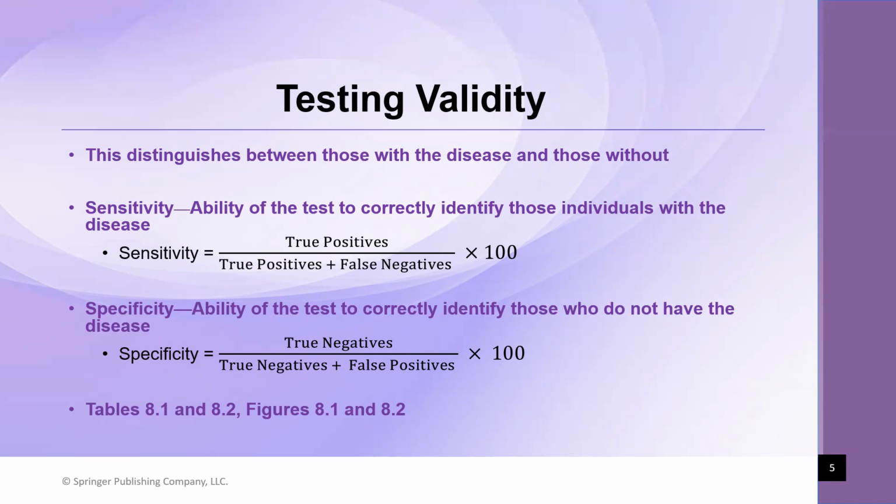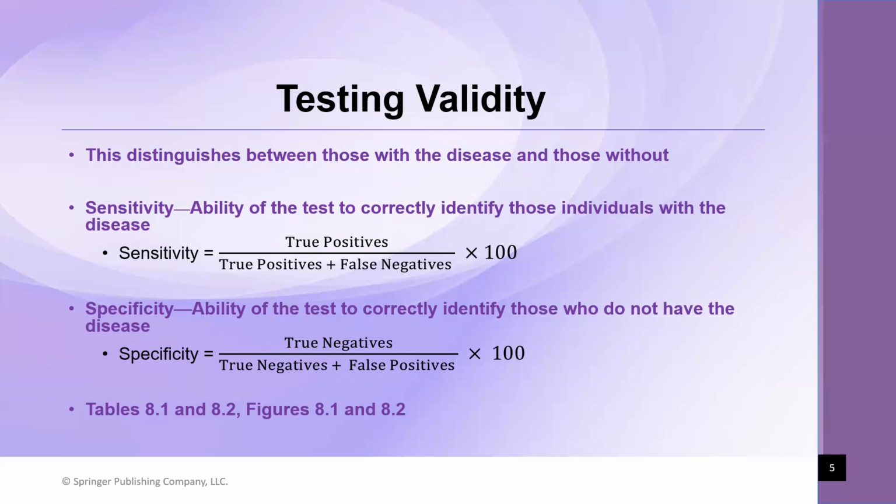That's important. When you look at sensitivity, that is the ability of the test to correctly identify those individuals with the disease, and there's the formula for that. Specificity is the ability of the test to correctly identify those that do not have the disease.